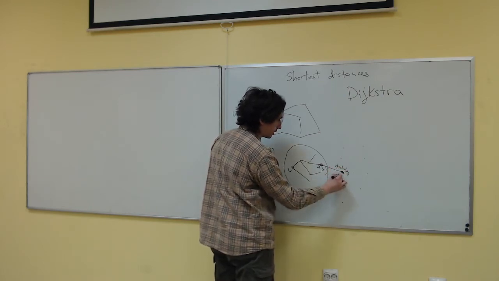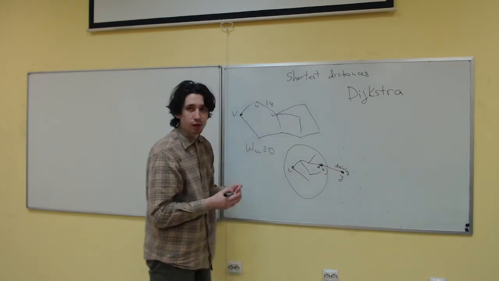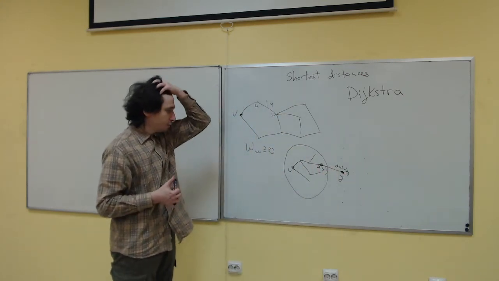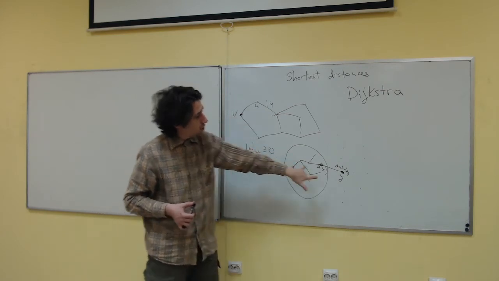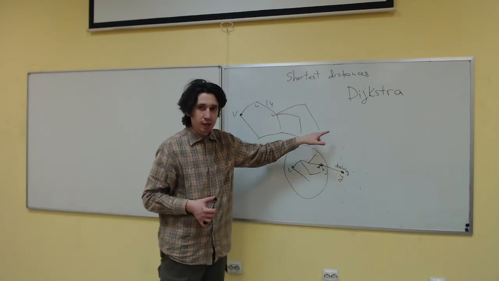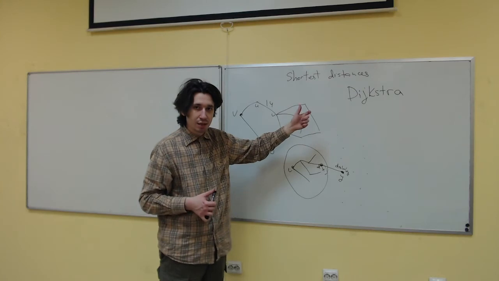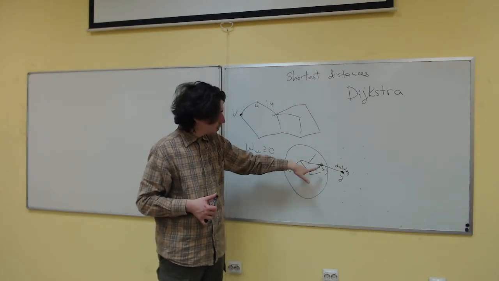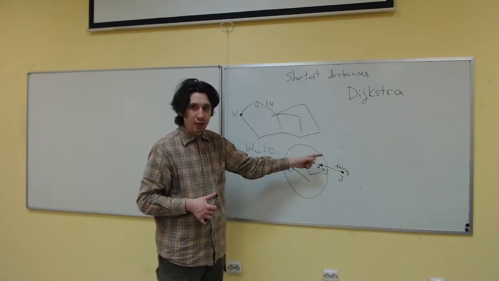So if it's x, it is y, then D plus w xy. And for each vertex we take the minimal tentative distance. The tentative distance is the distance in this set plus one edge.